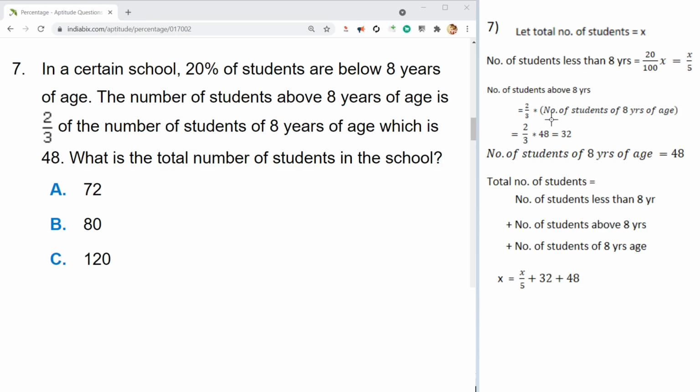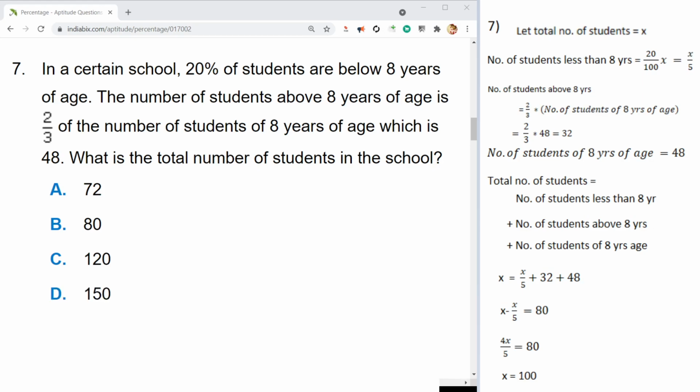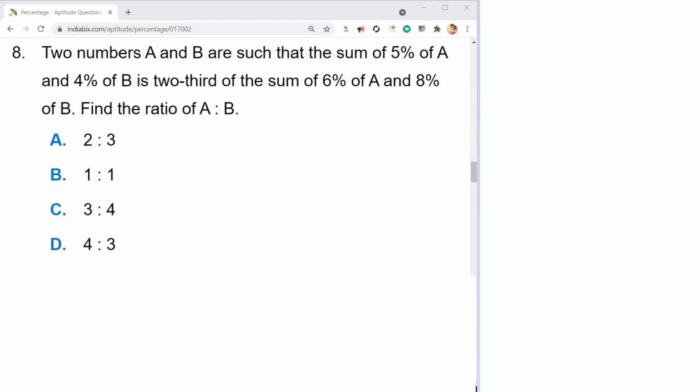If you simplify this, we get X value as 100, which is option D. Sorry, 100 is option E. Option E is correct. Let's see problem number 8.